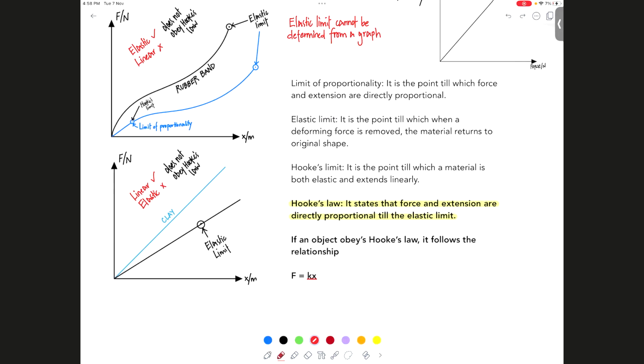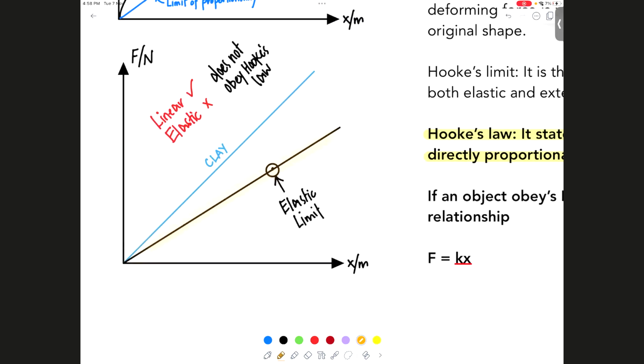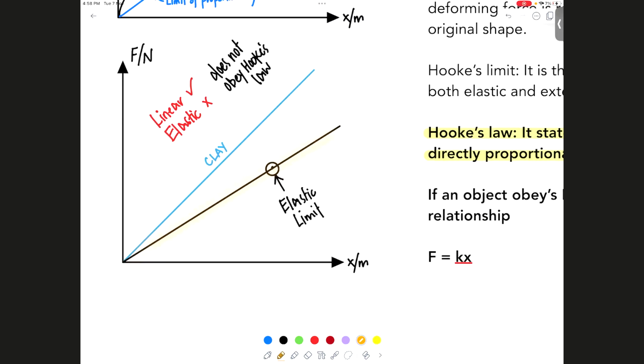Everyone look at the screen. I want to clarify something because this question is coming up for many people. The orange graph I drew below, do you think that material obeys Hooke's law? There's a definite answer here, yes or no? Yes. Why? Is it a straight line? Yes, so it's linear, and it also has a what point? Elastic limit.